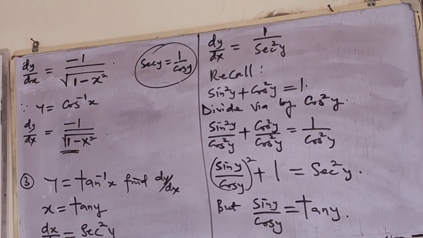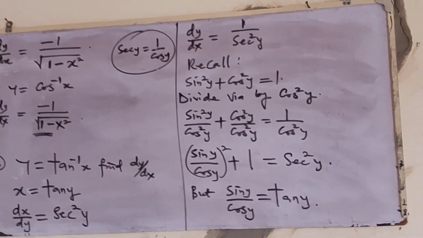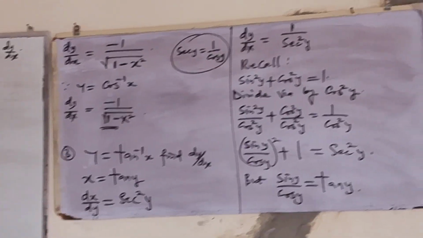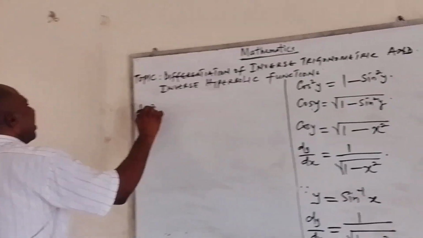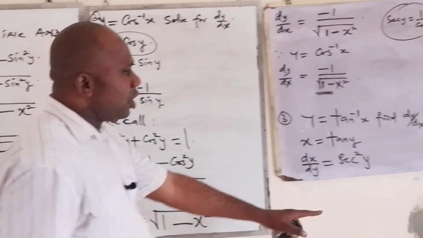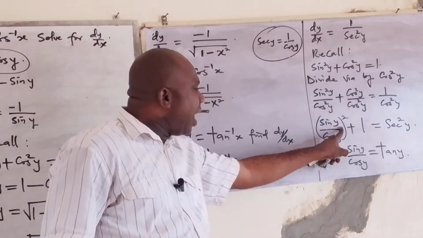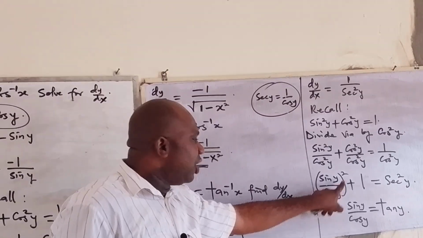So it therefore means that the value here will be tan square y plus 1, because sine y all over cos y is tan y, then the square of it.